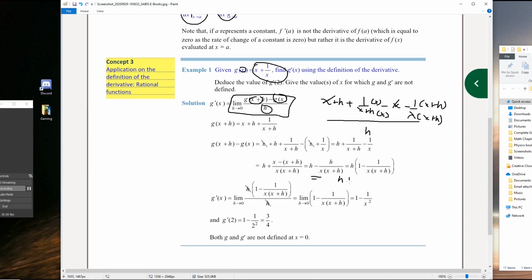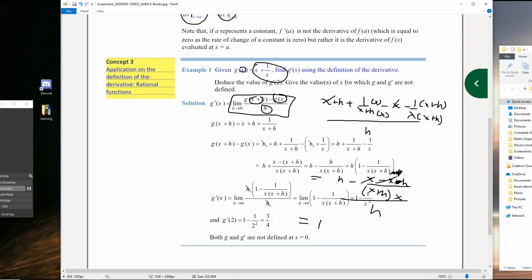So you're left with h plus x minus x plus h over x plus h into x. x and x cancel, you're left with minus h. This is minus h over here because the minus distributes, as you can see here. I don't like the minus here, so I'm going to put it here instead, so the minus would be here over h.